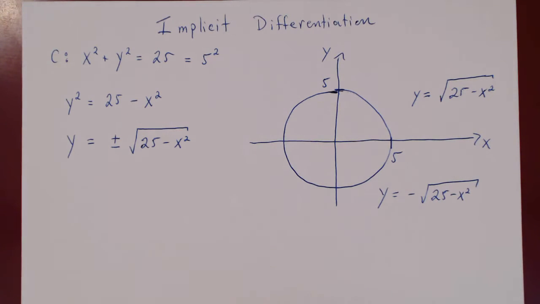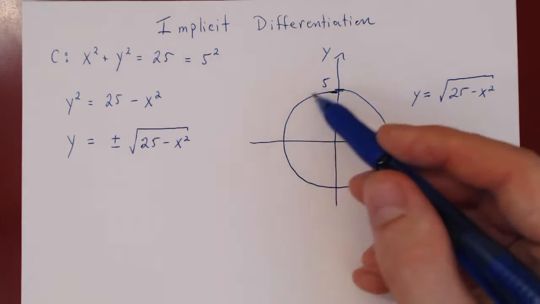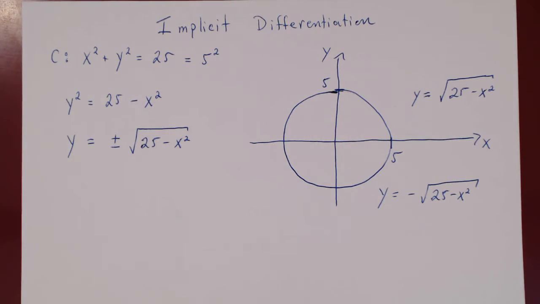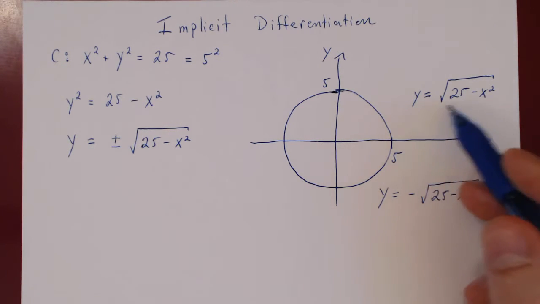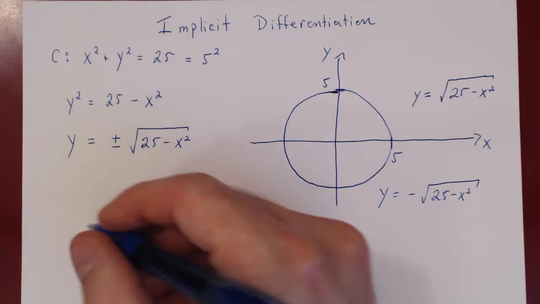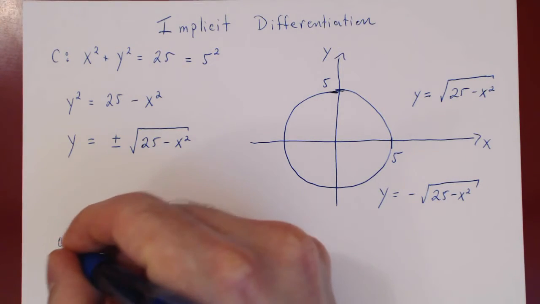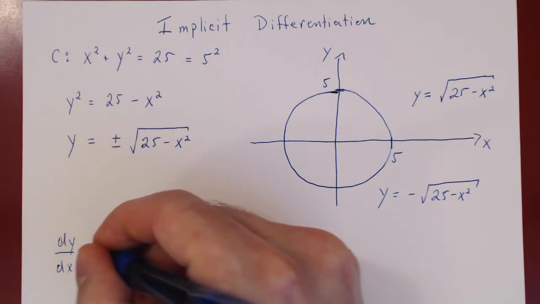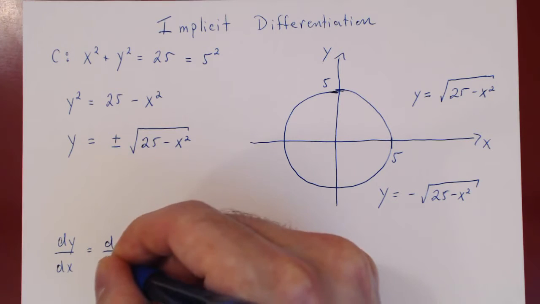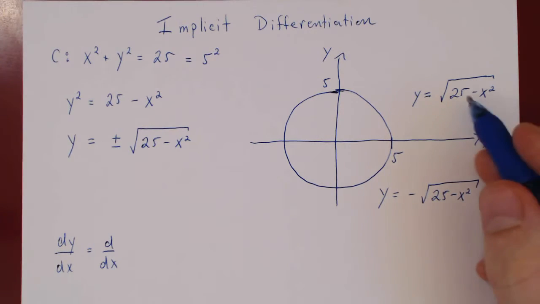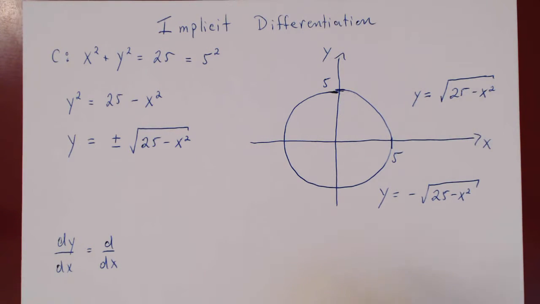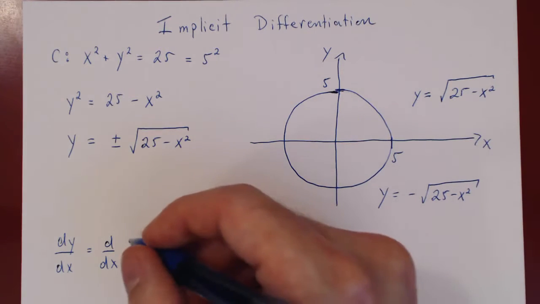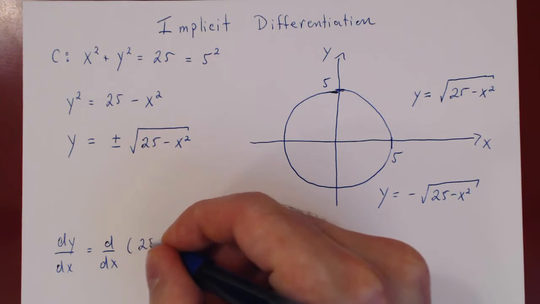And now we can find the derivative. Let's find the derivative of the upper half of the semicircle. So we have y equals this. So dy over dx is the derivative of the function root of 25 minus x squared. And I'll rewrite the square root as a power of 1/2.